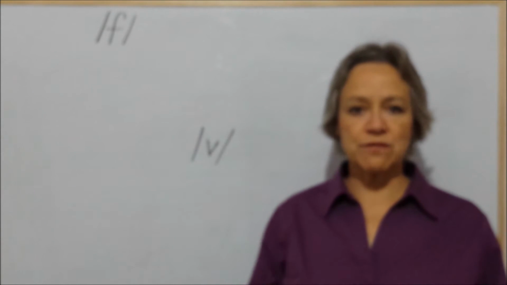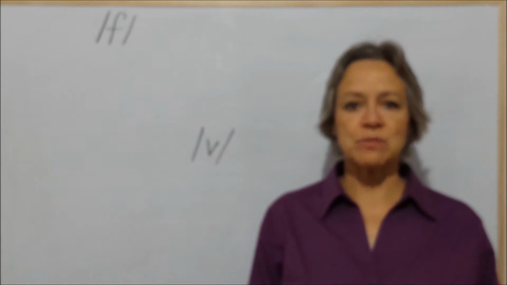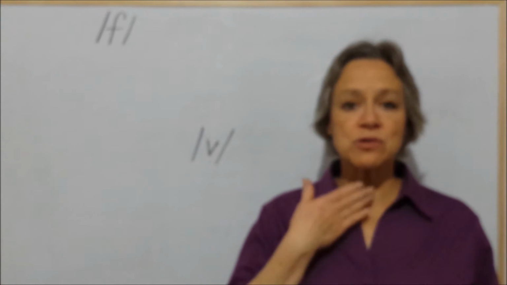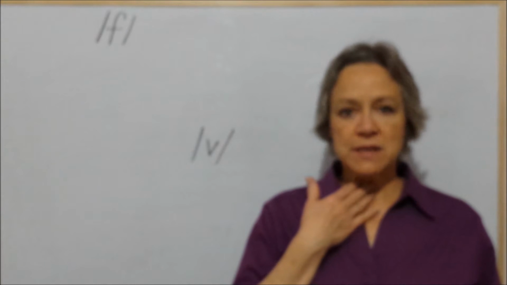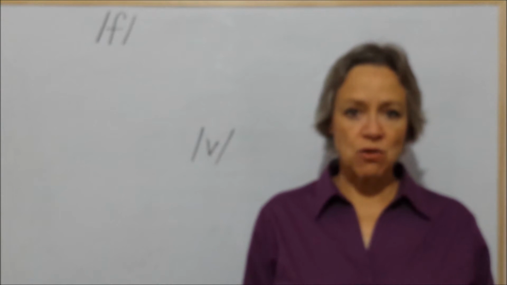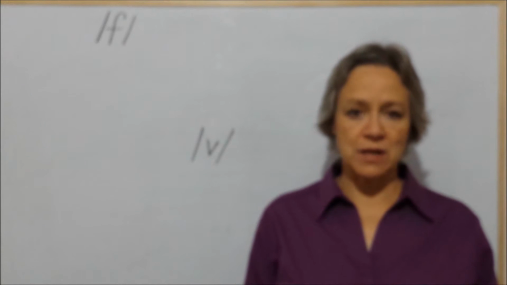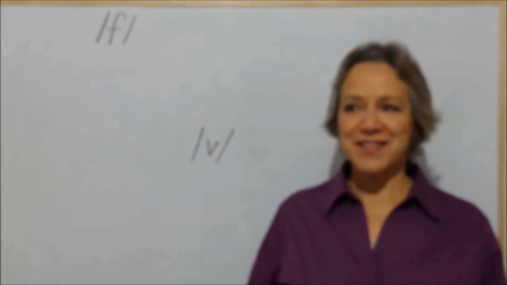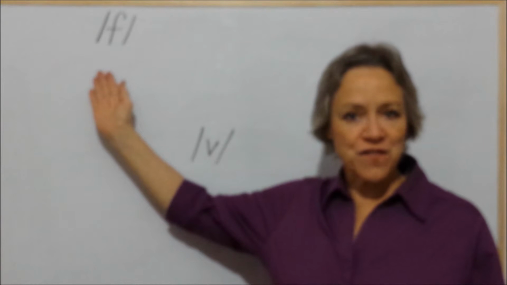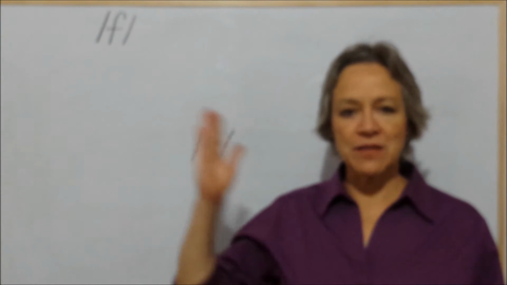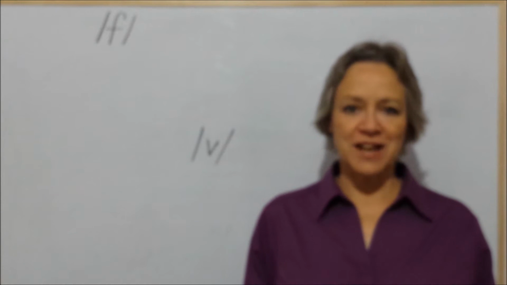So that is a big difference between these two sounds. If you have a question about voicing or using the vocal cords, please take a look at my consonant overview video. In that video, I do talk a lot about voicing. But again, this sound, the sound F, is a voiceless sound. It does not use the vocal cords, and that is the sound that I am focusing on today.